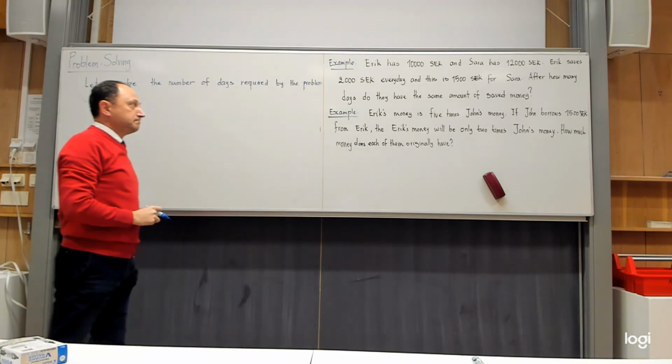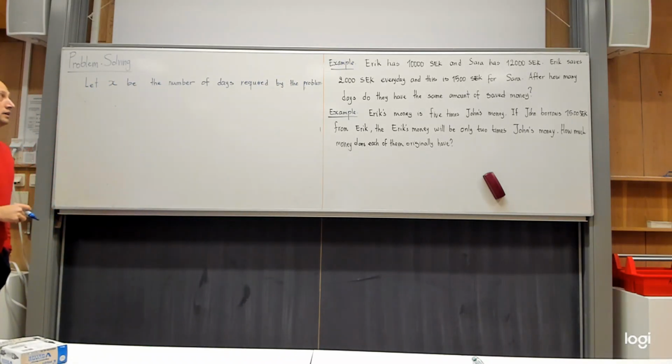Something like that. Okay, and then you want to see how many days should pass so that Eric's money and Sarah's money are exactly the same. So how should I set up the equation? Anyone else? Not from this side?